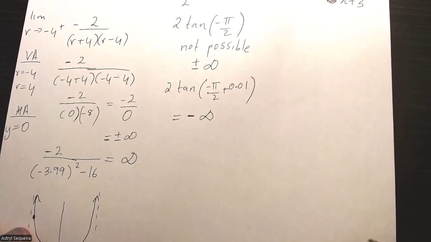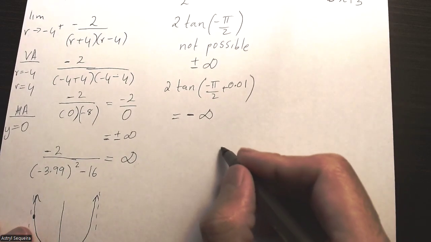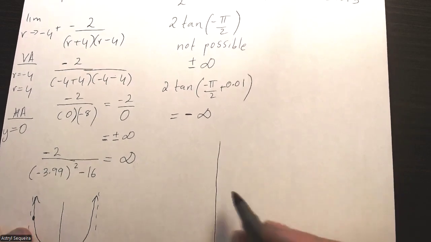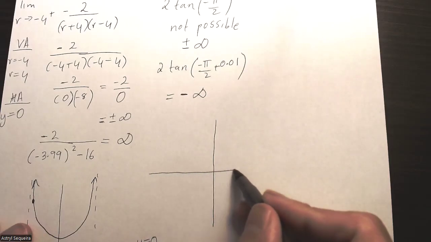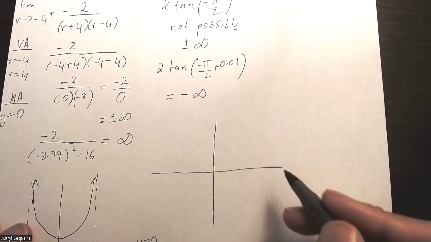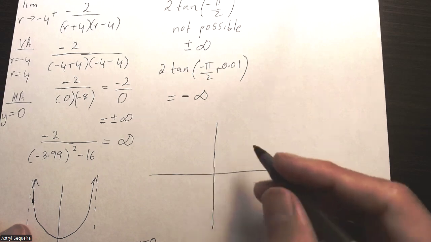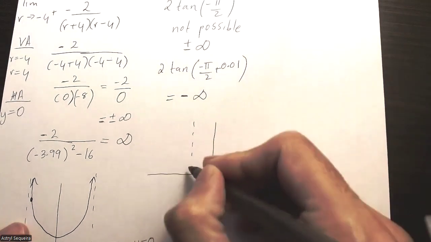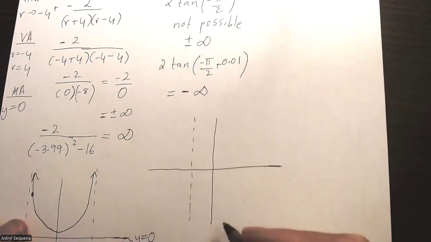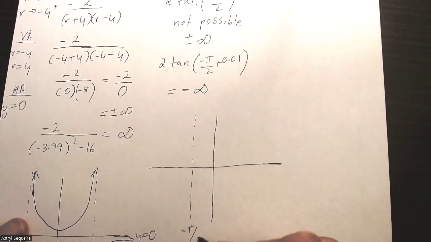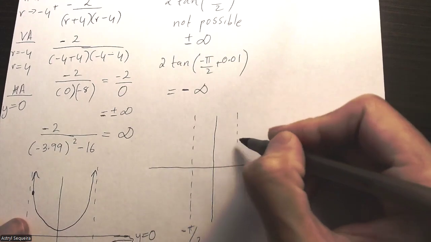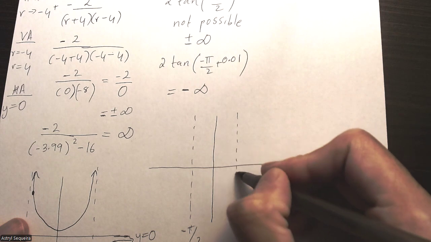So you should know how to sketch a tan graph at this point of the course. You've probably learned it in the previous course, advanced functions, but you should know how to sketch a tan graph. A tan graph has an asymptote at negative pi over 2, has another asymptote at positive pi over 2.